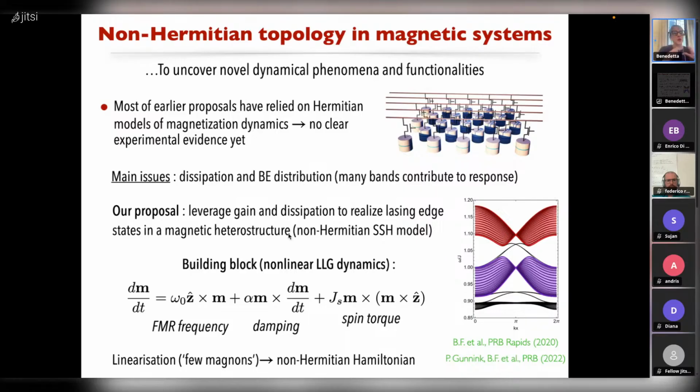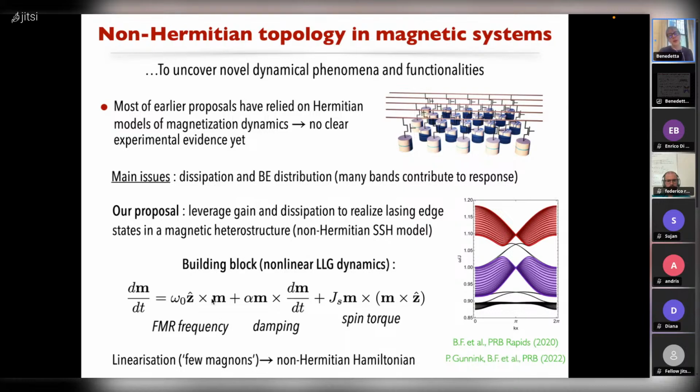So I'm not going to show you all the details, also because if you are really familiar with these non-Hermitian models, you know very well what a non-Hermitian SSH model is. But I will show you more from a magnetic perspective what was our building block.